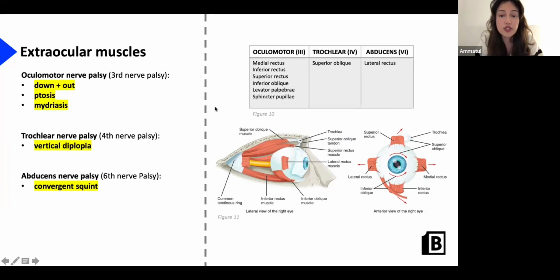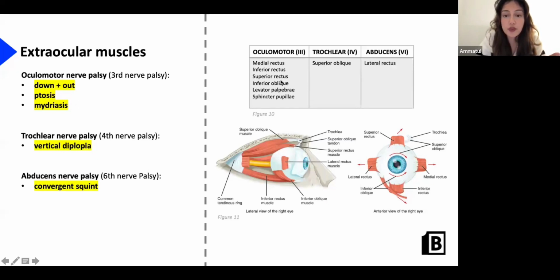The oculomotor nerve supplies the medial, inferior, and superior rectus, along with the inferior oblique and levator palpebrae, and also the sphincter pupillae. When you understand the functions of these muscles, it makes sense why dysfunction of the nerves, such as a palsy, would result in the symptoms that they present with.